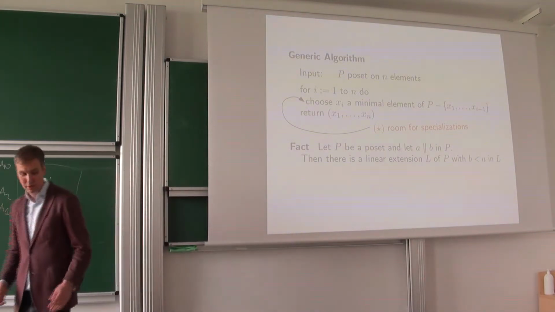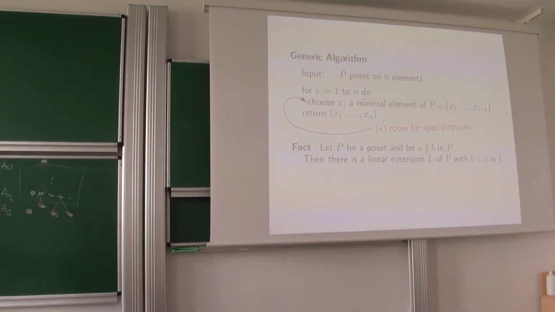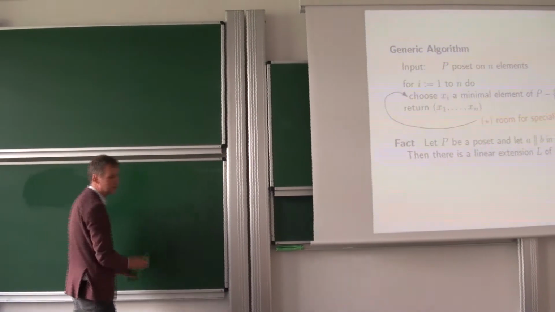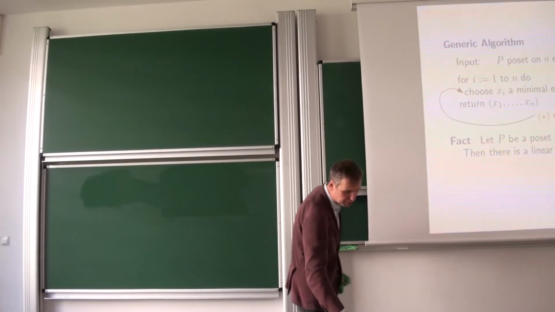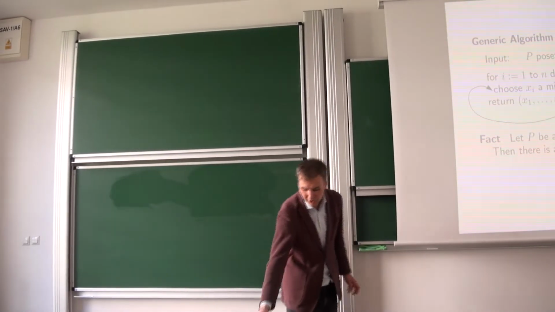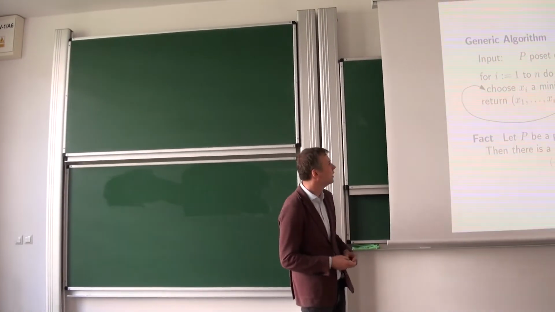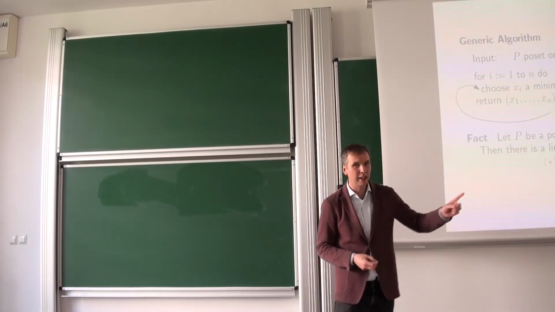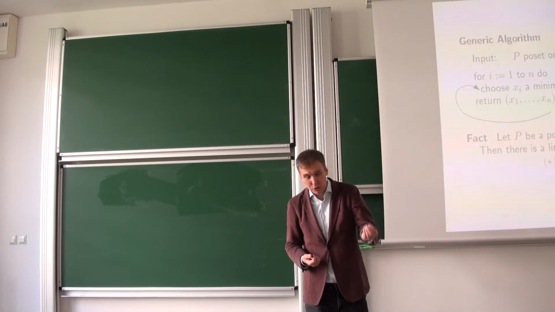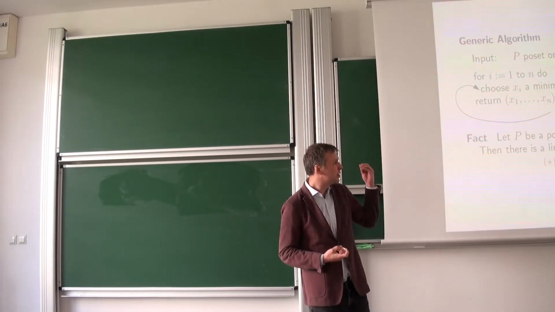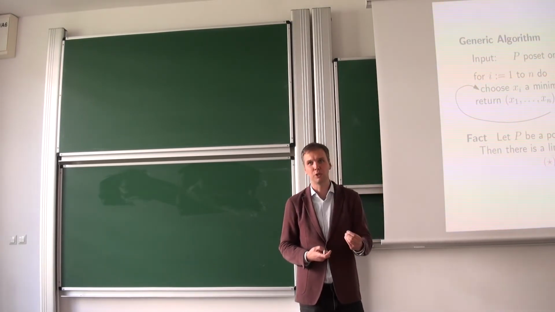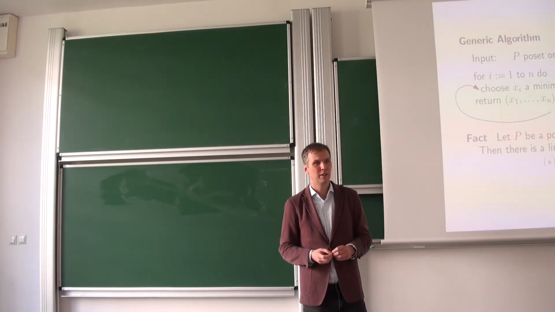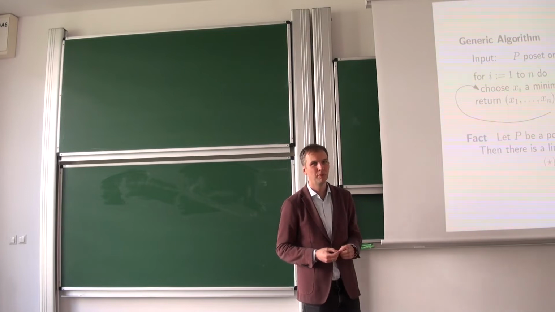How do you argue that? Well, you could argue specializing the generic algorithm. And what you want to do is you want to have B before A. So what you can do is you say that you choose A only if you have to. If there is no other option, then you choose A. And this will do. Yes?